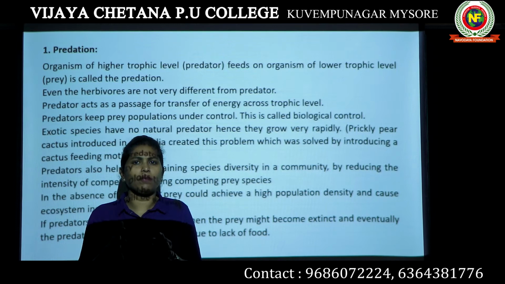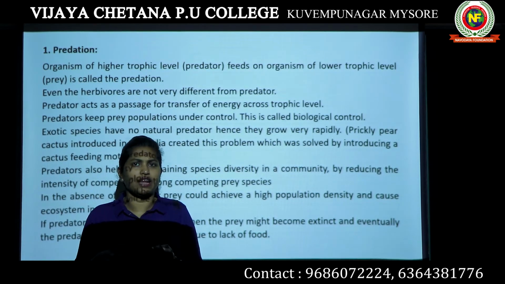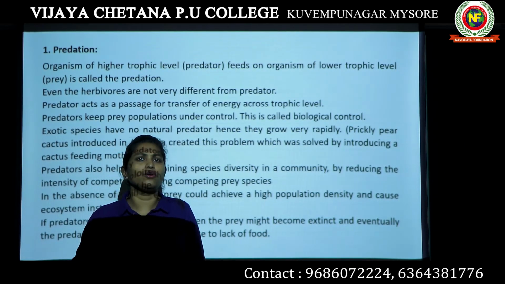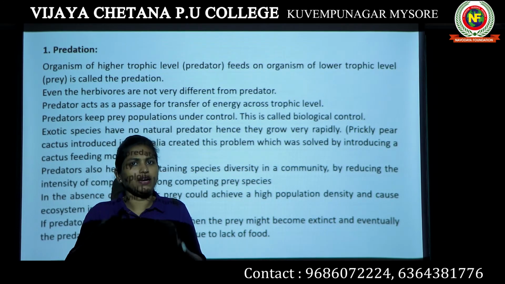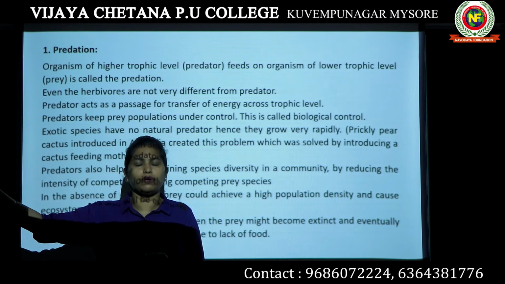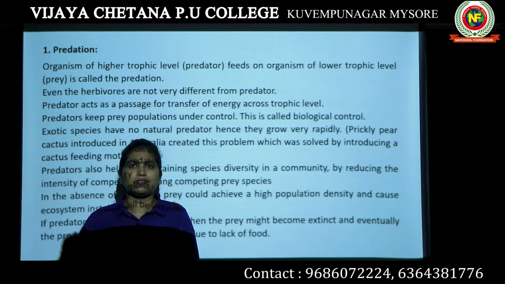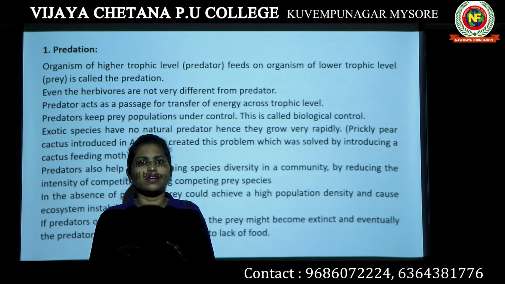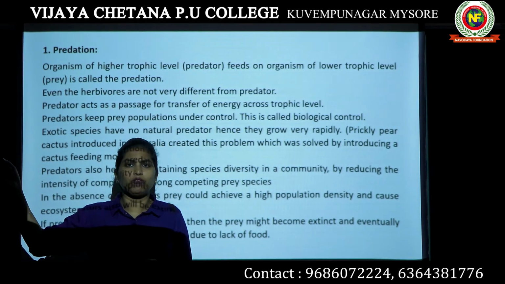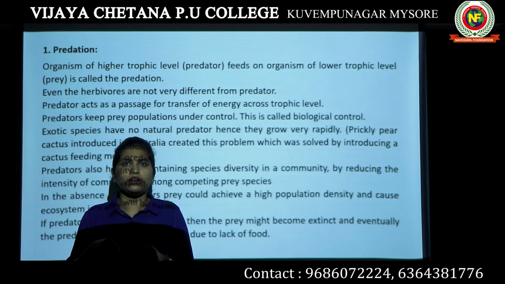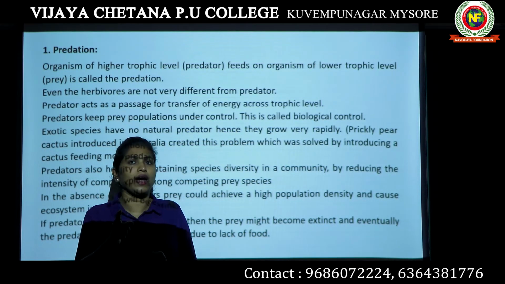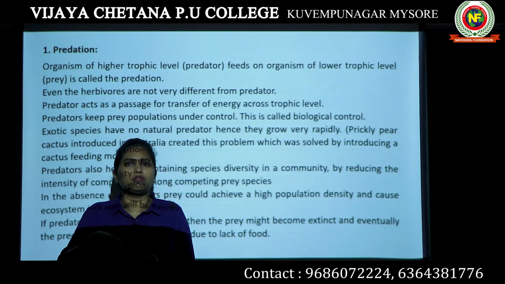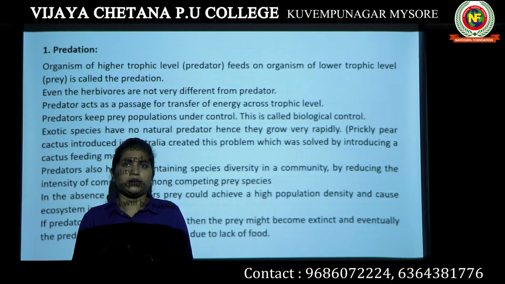But the plant that you have brought is completely new to this environment, so it does not have a natural predator who will feed on it. Whereas this plant has natural predators in its native place. But in the new place where you have brought this plant, there is no animal who will come and feed on this particular plant.